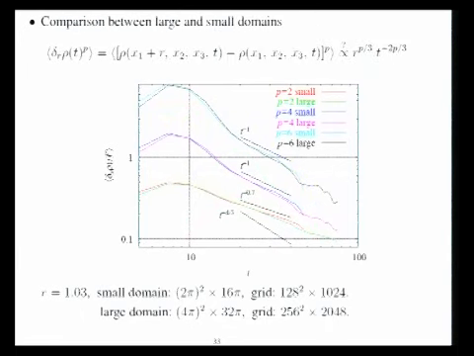The measured scaling range, if you believe this, then the exponent is quite different from the dimensional analysis. And again, this shows smaller and larger domain structure functions in the same figure.